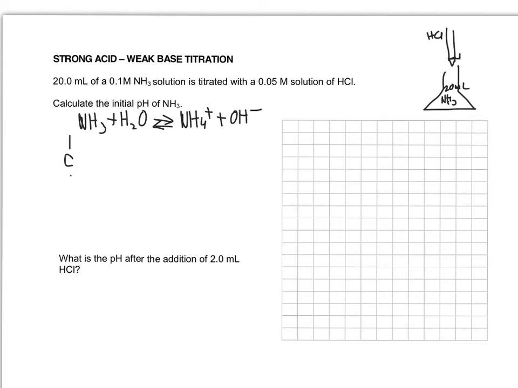I'll do an ice chart. Initially, it is 10th molar. Don't care about water, 0 and 0. Minus x, plus x, plus x. 0.1 minus x, x, and x. My Kb, which is 1.8 times 10 to the negative fifth.